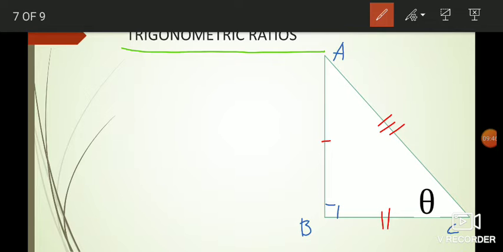So when I speak of a ratio, as we are discussing trigonometric ratio, I want to speak of a ratio which is AB upon AC. What can I call this ratio?